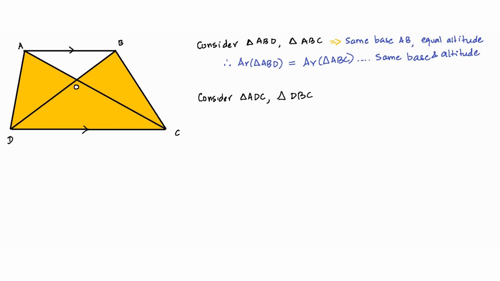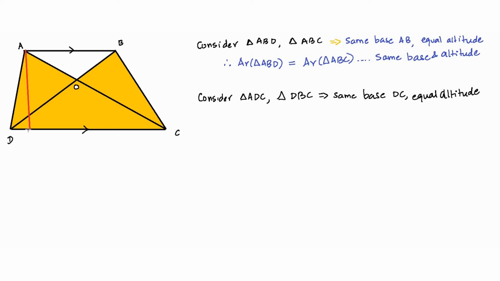You will notice that these two triangles have the same base, which is DC, and they also have equal altitude, because again the altitude is the distance between these two parallel lines, right?